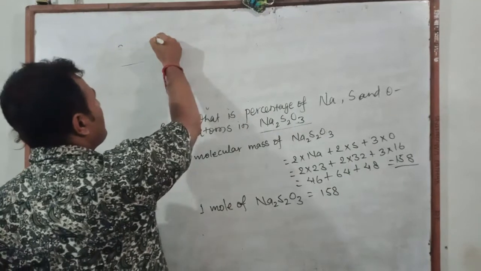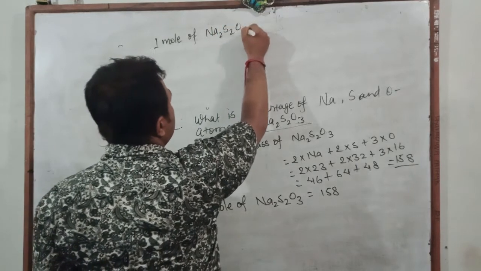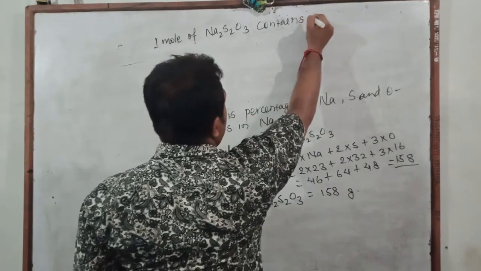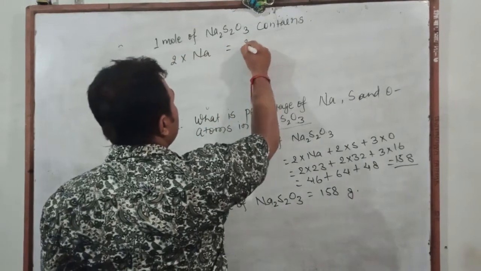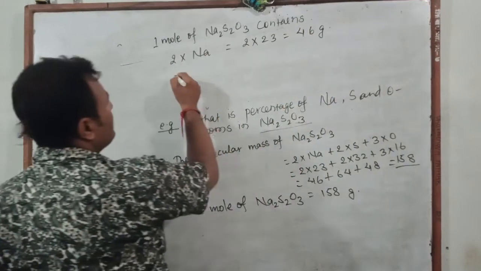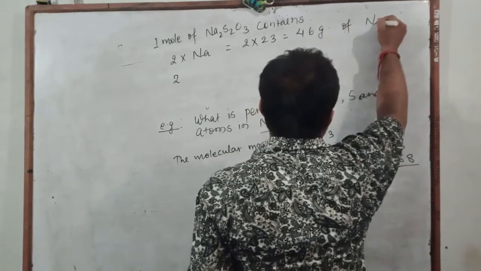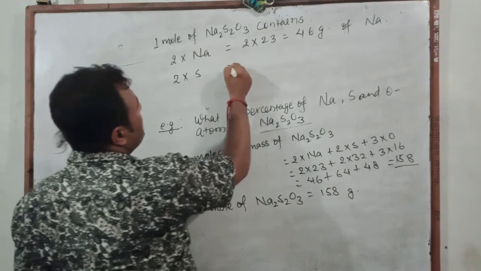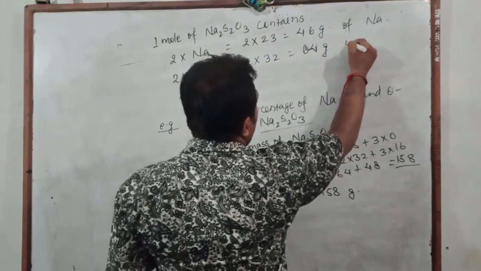Here 1 mole of Na2S2O3 contains 2 into Na, equal to 2 into 23, equal to 46 grams of sodium; 2 into S, equal to 2 into 32, equal to 64 gram of sulfur.